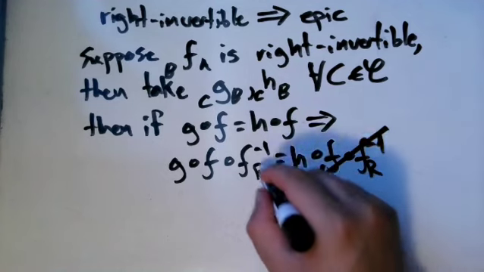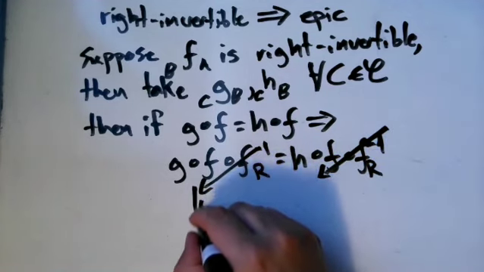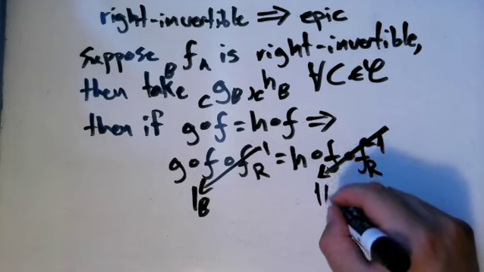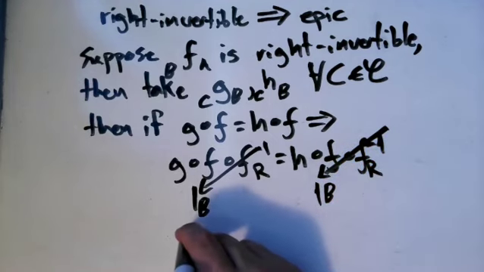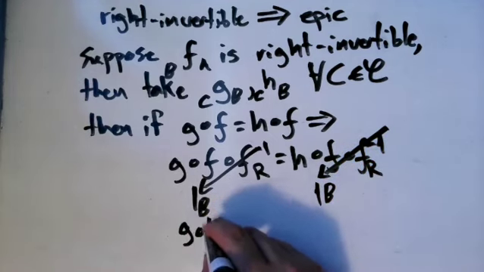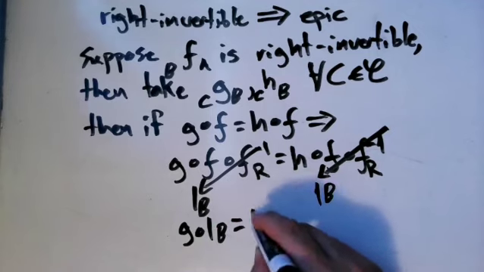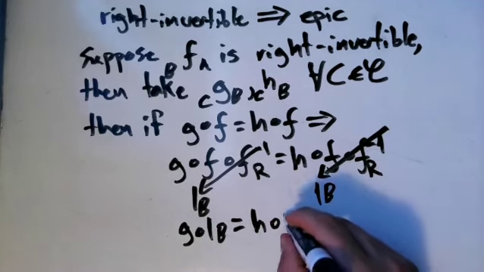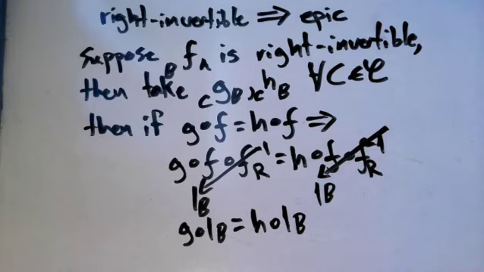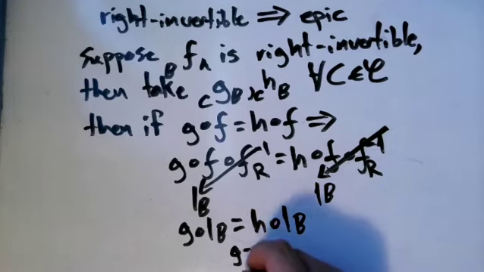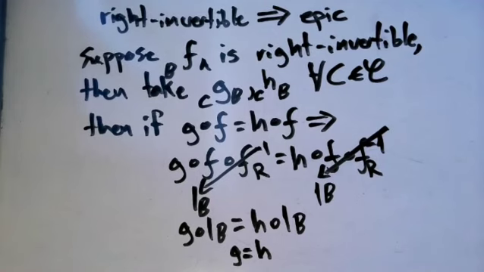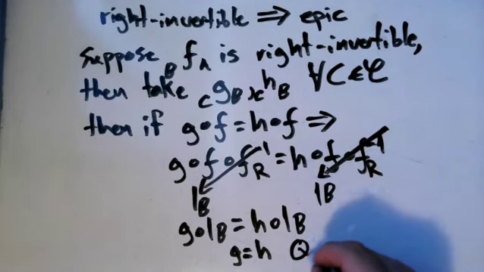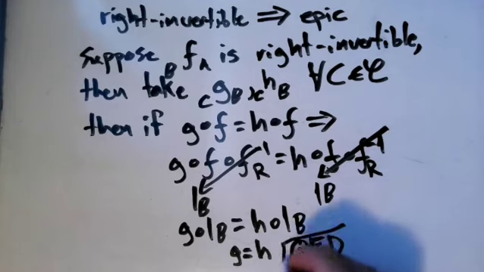These cancel to 1_B, which gives us G after 1_B is equal to H after 1_B, which gives us that G is equal to H. And that shows that F is in fact epic, QED.